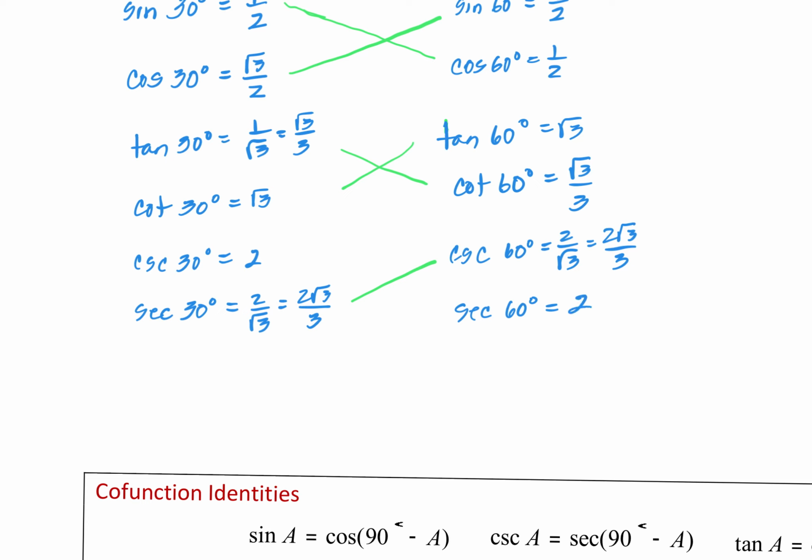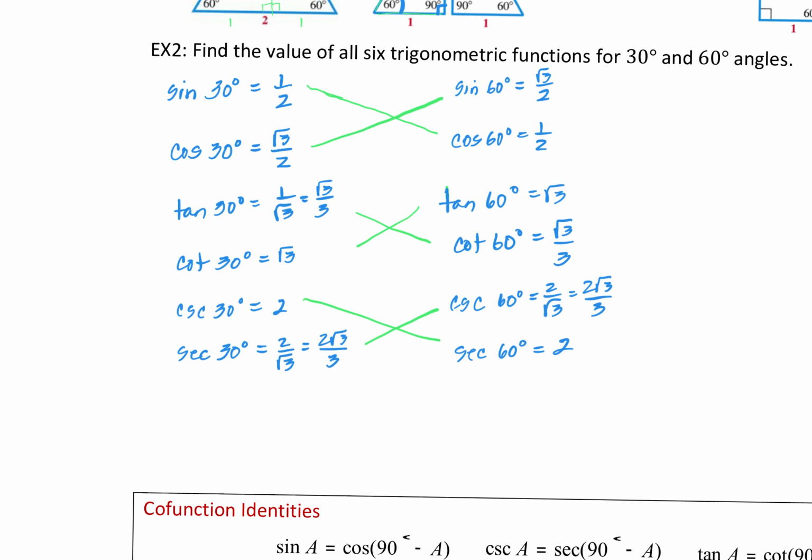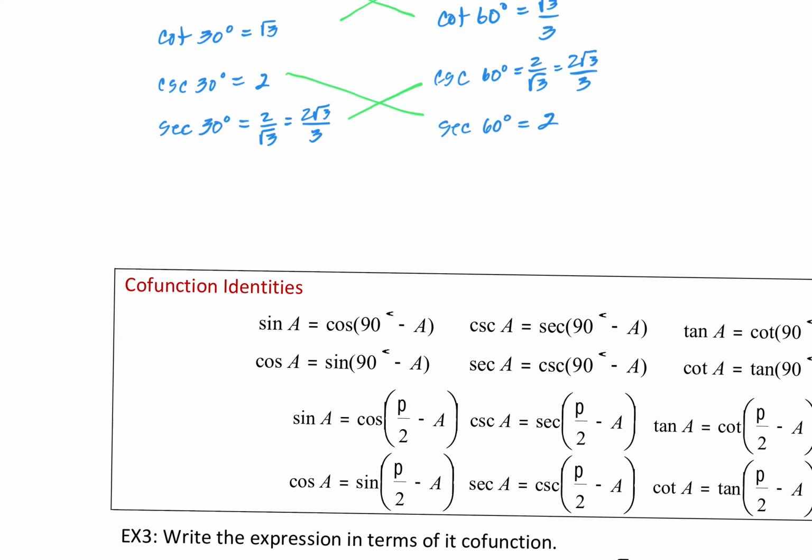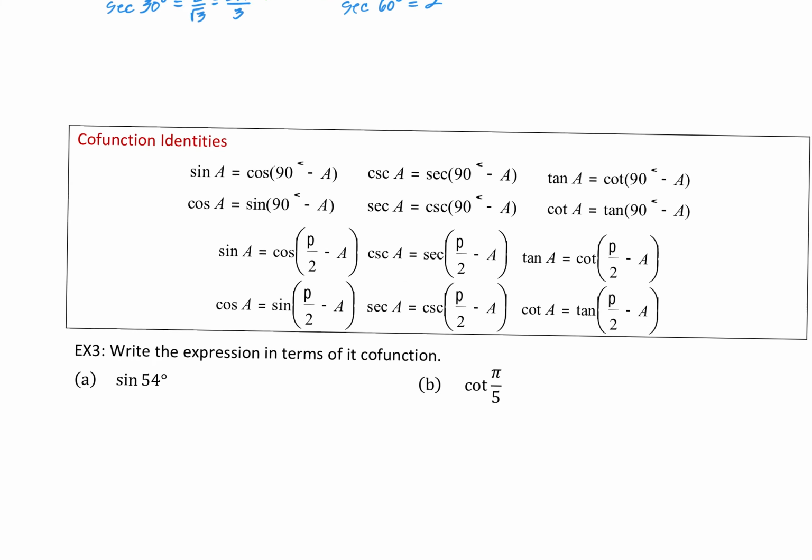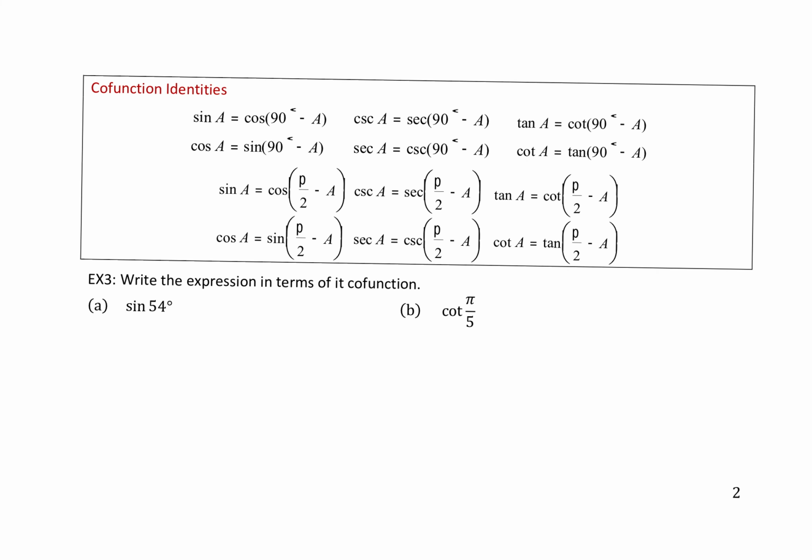So 1/2 goes to 2. And it's the same. So again, as I mentioned before, sine cosine, tangent cotangent, cosecant secant, these are what we call cofunctions. And that would be this box down here. These are our cofunction identities written in both degrees and in radians.